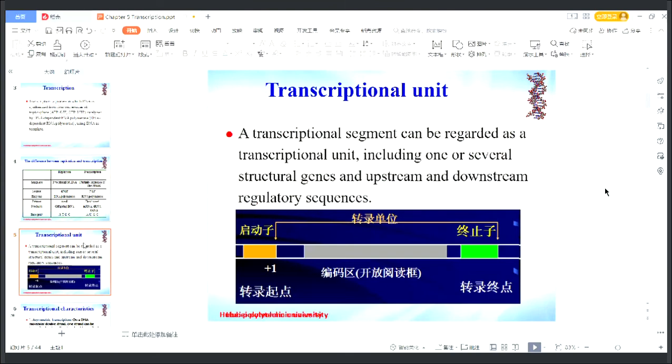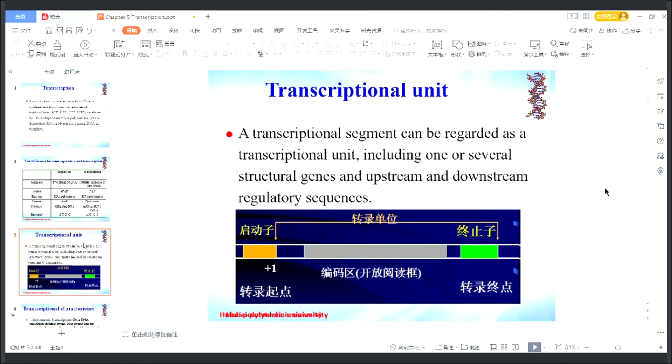Okay, second definition: transcriptional unit. This is very easy. You can see the transcriptional segment can be regarded as the transcriptional unit, including one or several structure genes, and the upstream and downstream regulatory sequence.